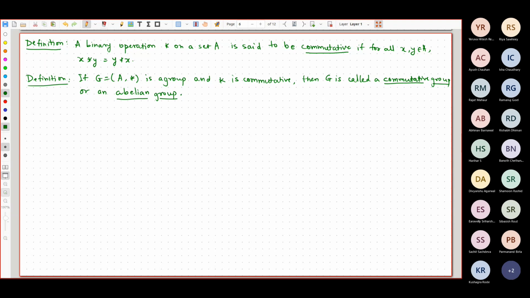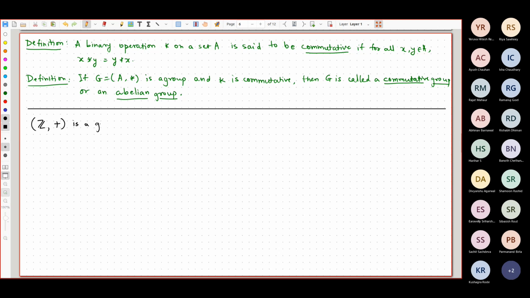Okay. So now let us revisit one of the examples that we saw earlier. We have seen that the set of integers with respect to addition is a group, and the set mZ, which is the set of multiples of the integer m under addition, is also a group.